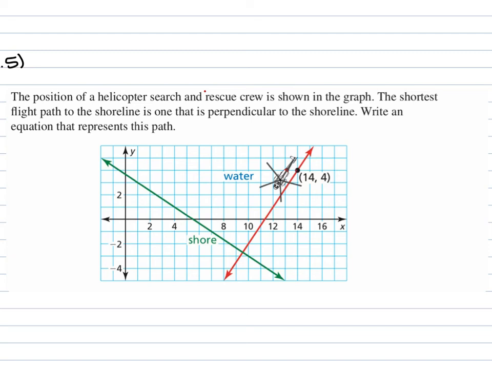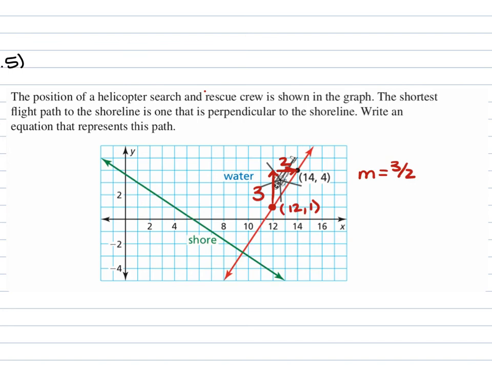We have that first point, 14, 4, and then we look at another point that goes through a vertex, which is here at 12, 1. So from here, we're going up 3 and to the right 2. So our slope of this red line is 3 over 2.